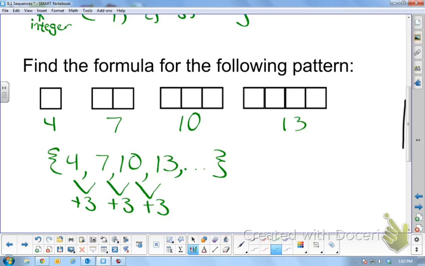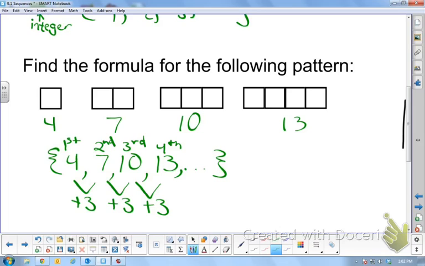So if I want to know the 7th term, how are we going to get to the 7th term? We have 4 terms right now. How am I going to take it up to the 7th? Add 3 a couple more times. This is the first term, second term, third term, fourth term.